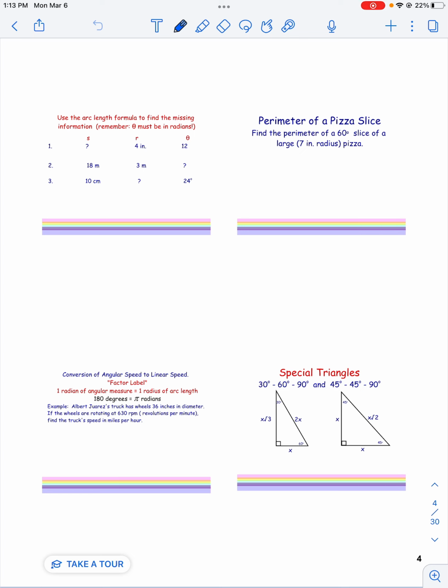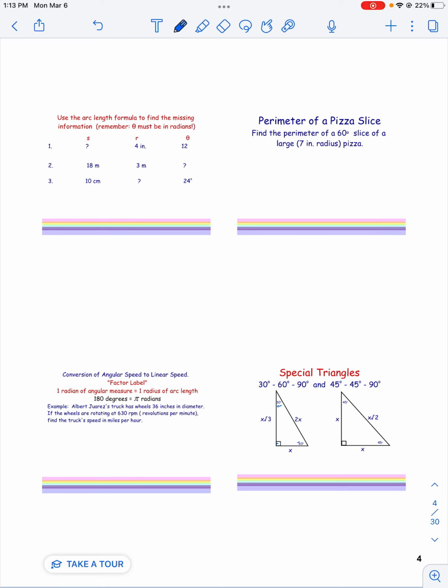I'd like you to take note of these two special right triangles that we have here, the 30, 60, 90 right triangle, and then I'd like you to remember from geometry or algebra 2 that one thing that makes a 30, 60, 90 triangle special is the ratio of the sides is always constant.